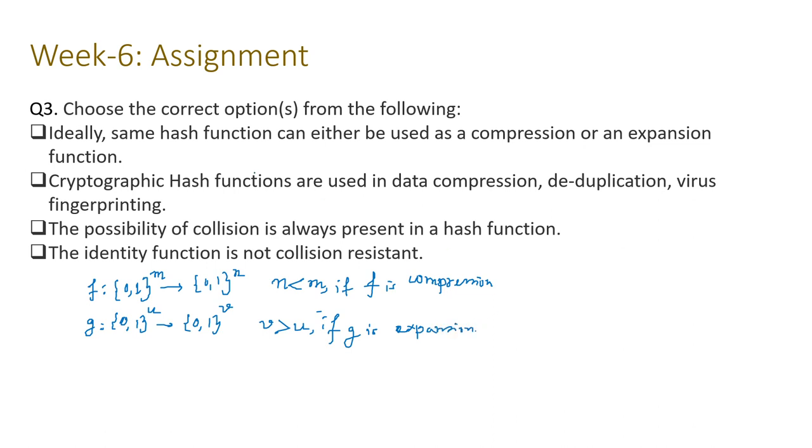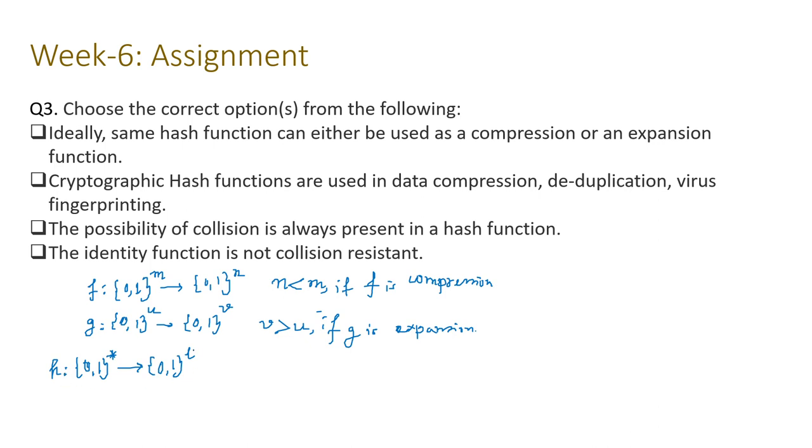So now the question is, can the same hash function be used as a compression or an expansion function? Okay, how do we define a hash function? We write this, right, that a binary string of arbitrary length should map to a fixed length string for a hash function h. That is how we write.